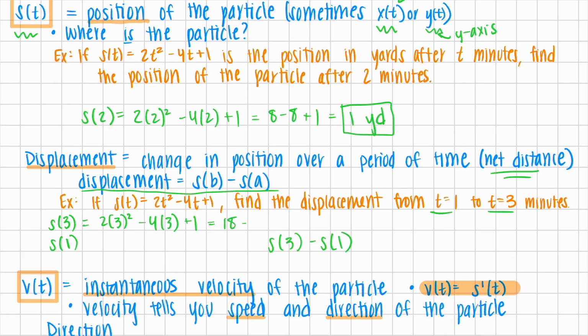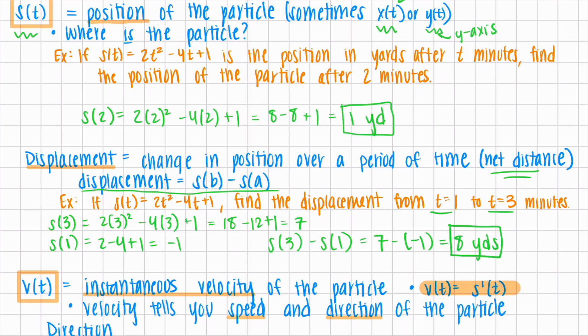We get 18 minus 12 plus 1, which is 7. And s of 1 gives us negative 1. So s of 3 minus s of 1 is 7 minus negative 1, which is 8 yards. So my particle's change in position from t equals 1 to t equals 3 was 8 yards.